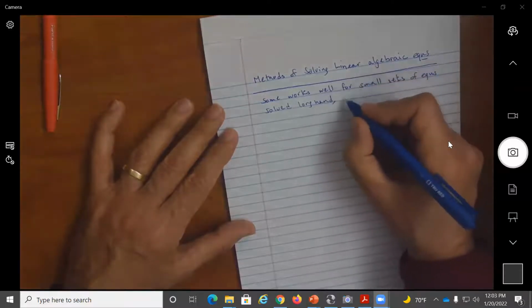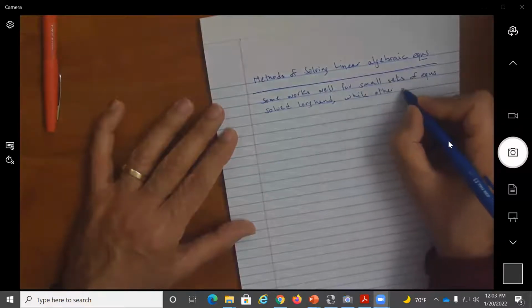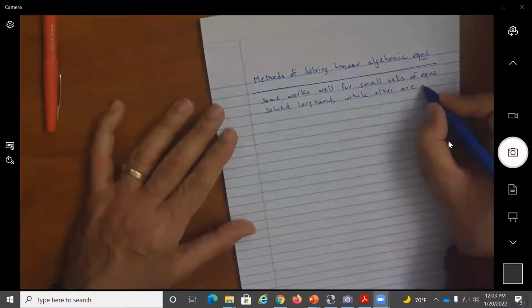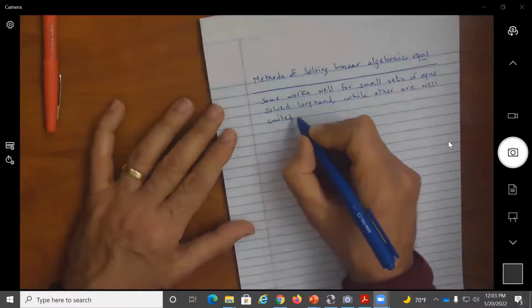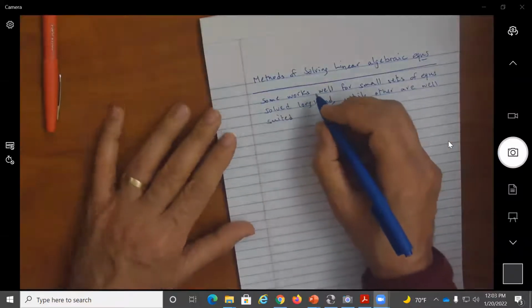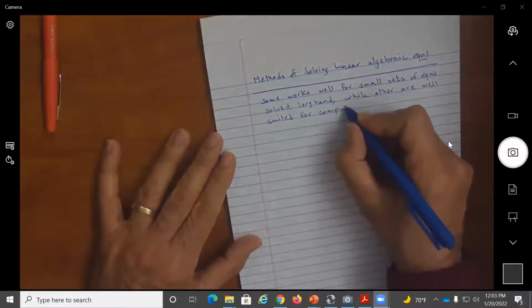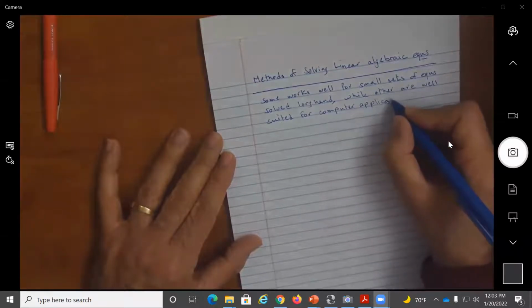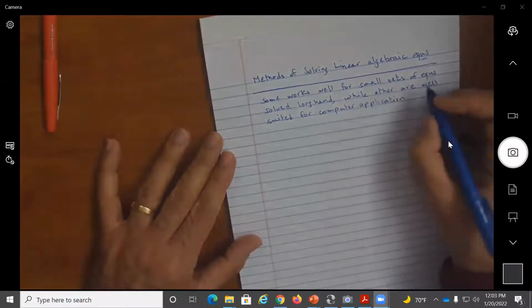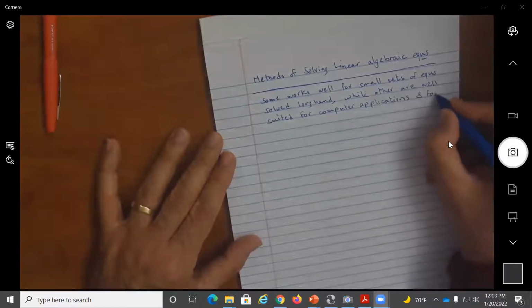While others are well suited for computer applications and for large sets.